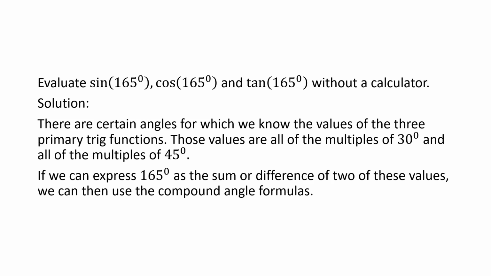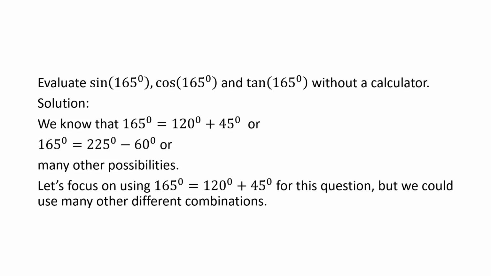So, for example, we know the sine, cos, and tan of 120 degrees from our unit circle work, and we know the sine, cos, and tan of 45 degrees. Well, 120 degrees plus 45 degrees is 165 degrees. So those will work. So if we can express 165 degrees this way, we're in business.